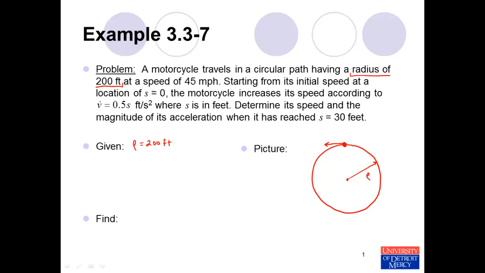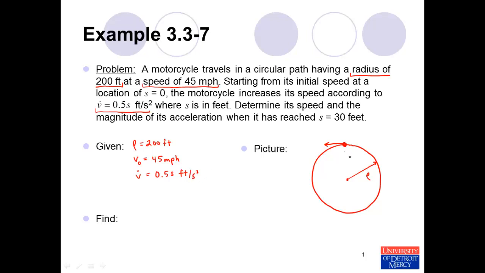We're told that the initial speed of the motorcycle is 45 miles per hour, and that the speed changes according to this equation. So we're told how the speed changes as a function of its position along the path.